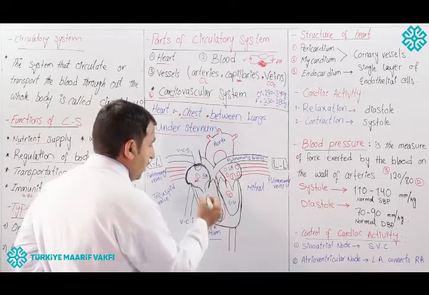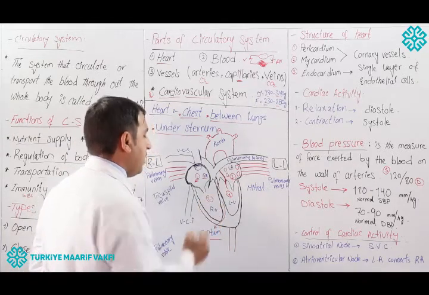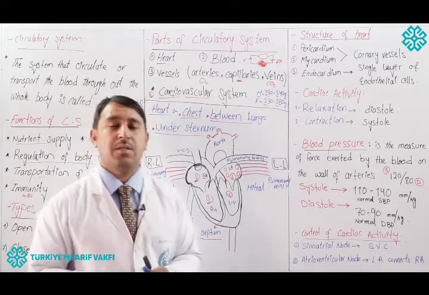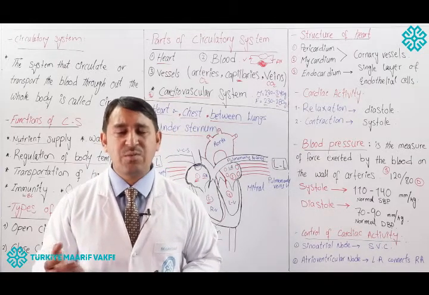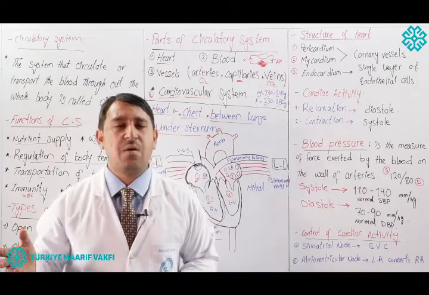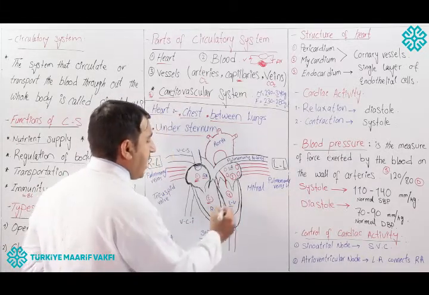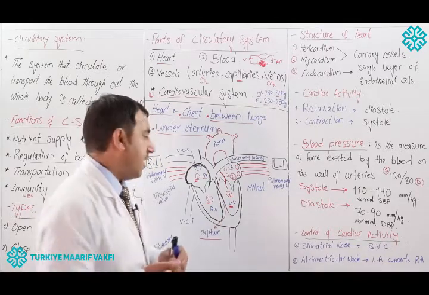And in the lower part of the heart, we have another chamber. The name of this chamber is the right ventricle. Why is it the right ventricle? Because it is located on our right side. And the same we have on the other side, the left ventricle, located on the left side.